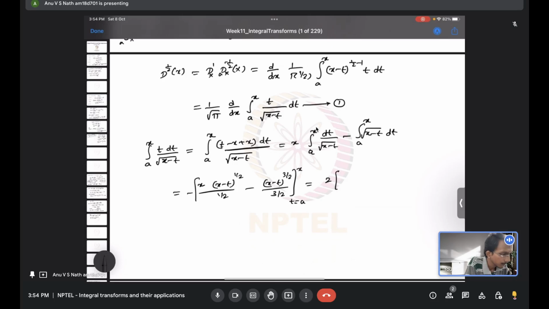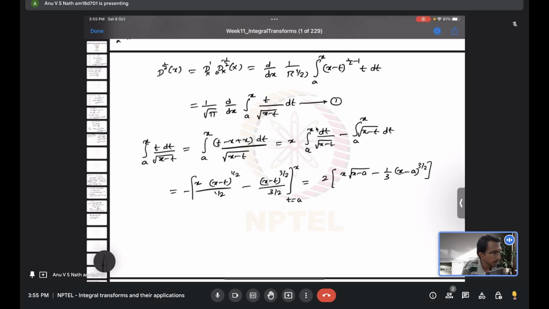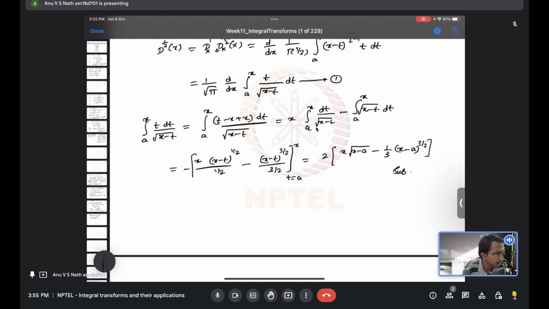So it's like x into x minus a the whole root, minus 1 by 3 (x minus a) the whole raised to 3 by 2.